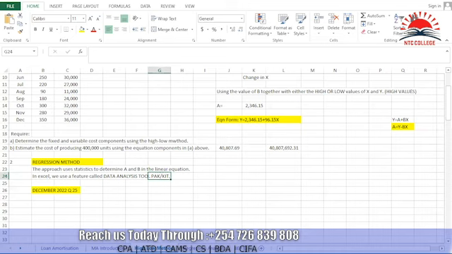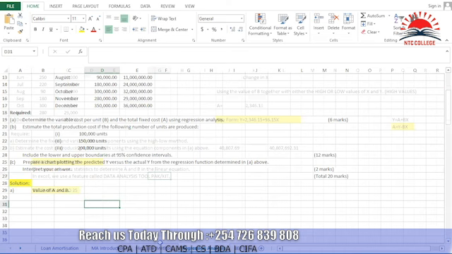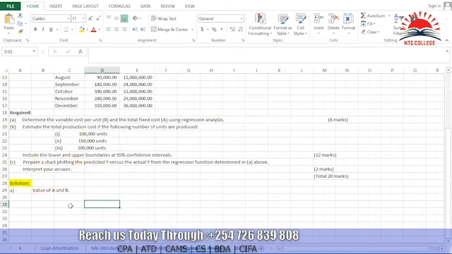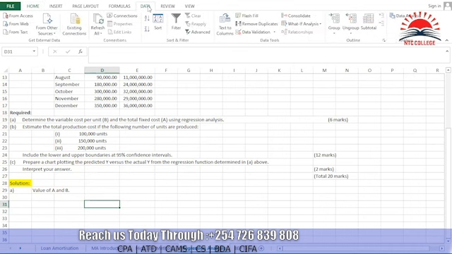The data analysis toolkit or toolpack, which is what we work with, is somewhere in Excel, and this is normally under Data. So up here, can you click on this Data tab? Click on Data.